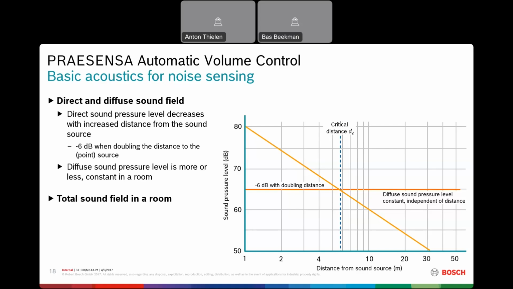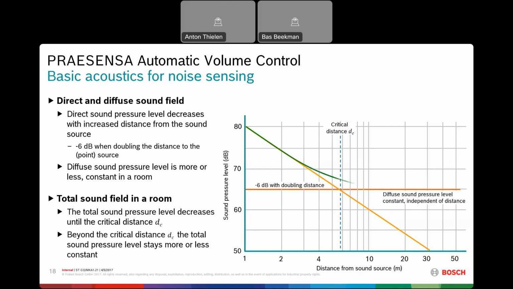When you look at the total sound field in a room, the total sound pressure level decreases until you reach a critical distance, where the sound pressure no longer decreases with distance. Beyond that critical distance, the total sound pressure level stays more or less constant. That's what you can see here with this green line.